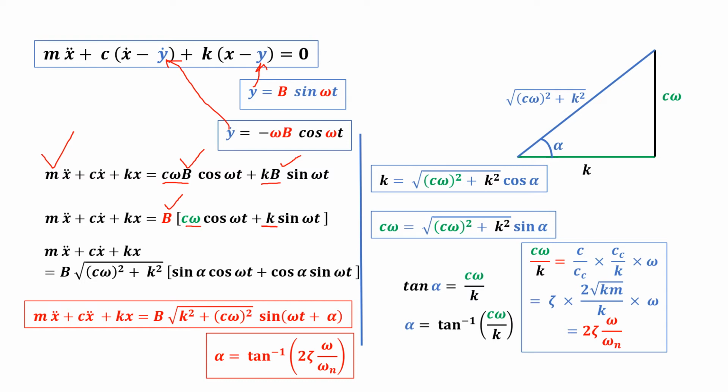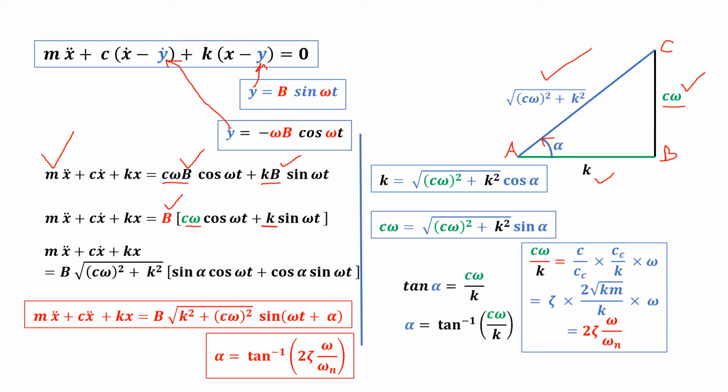Focusing on the triangle on the right side, say this is point A, this is B, this is C. Now c omega is the height of this perpendicular and k is the base, then the hypotenuse will be square root of (c omega) square plus k square.